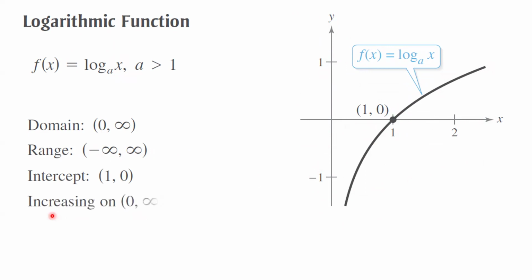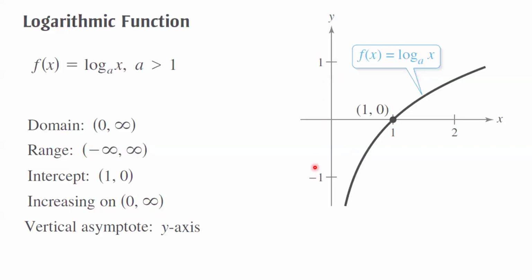The function is increasing on its interval 0 to infinity, which is basically its domain. It has a vertical asymptote, x equal to 0, the y-axis. And as we mentioned, this is the inverse of exponential function.